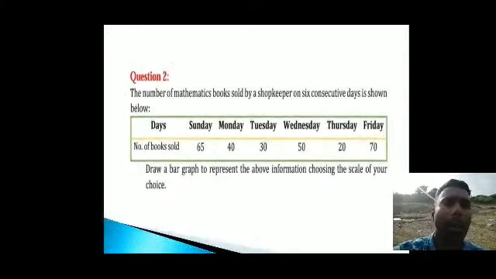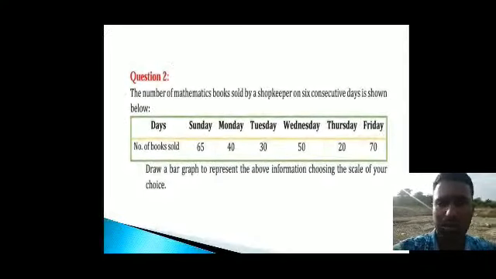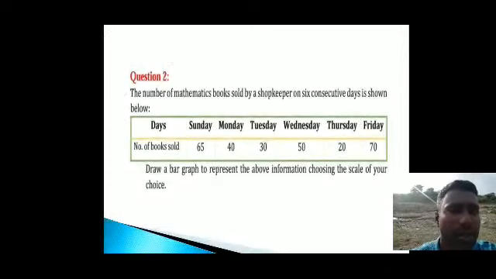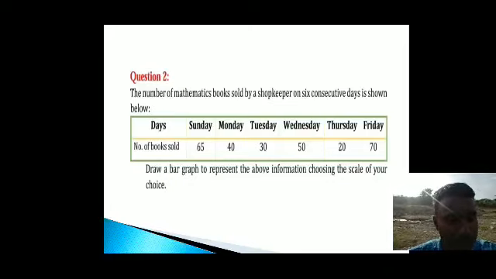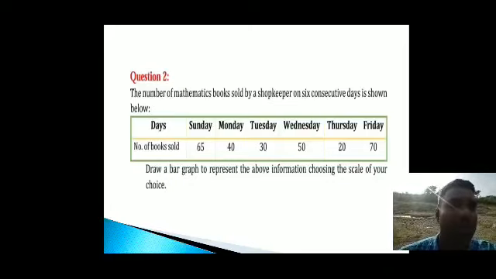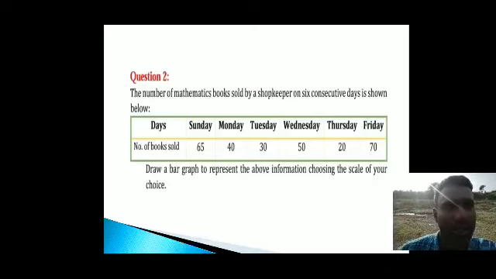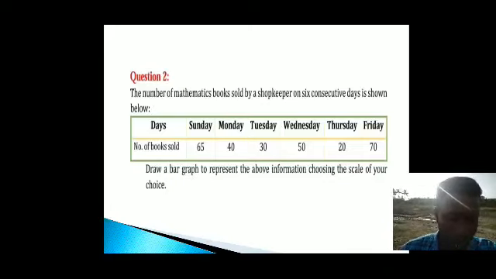Okay, first, draw a bar graph to represent the above information. Choose the scale of your choice. See how to choose the scale, that is very, very important. If you look at the numerical values, for example 65, 40, 30, 50, 20, 70, the scale you take should divide these numbers.